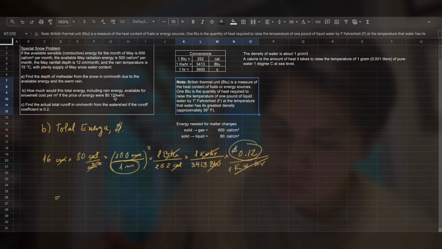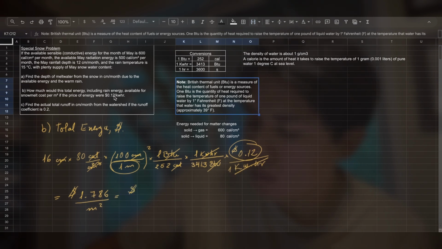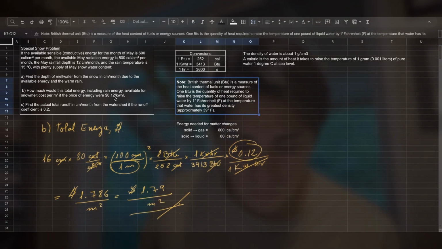If we plug in all those values, we should end up with something like $1.786 per square meter, or just about $1.79 per square meter. And that's the answer for this part B. That's how much money that energy represents per square meter.